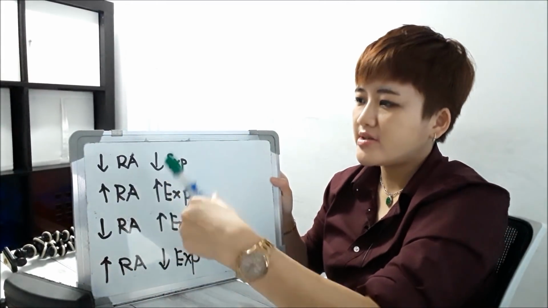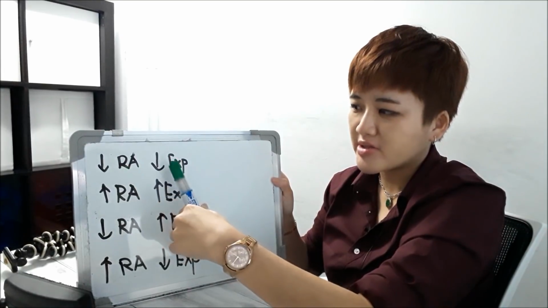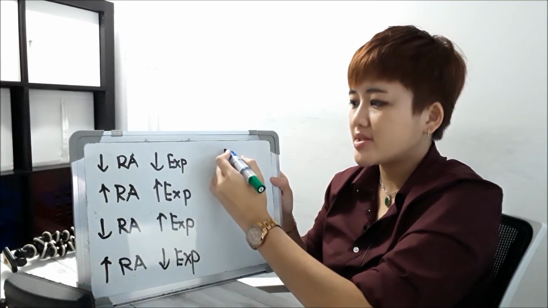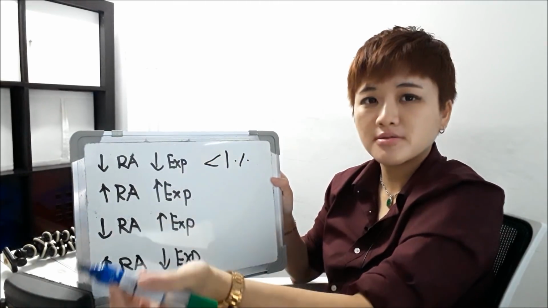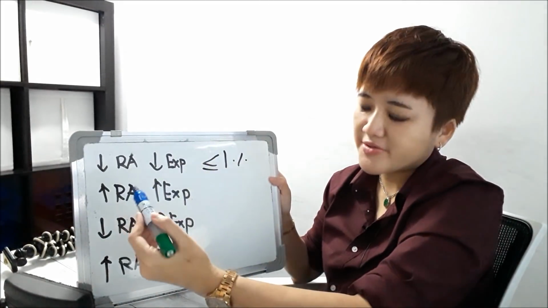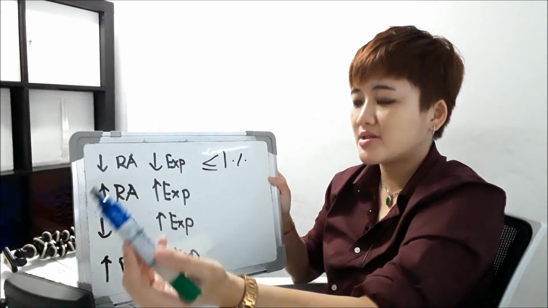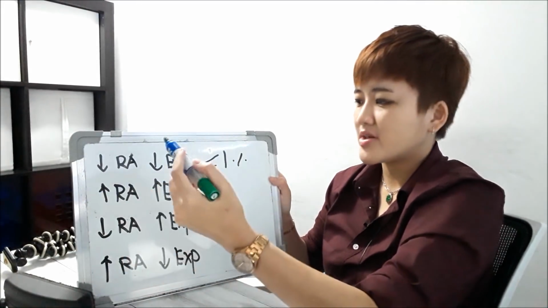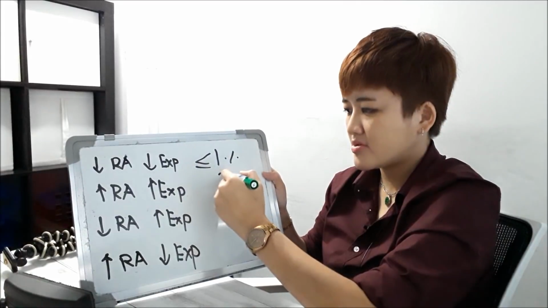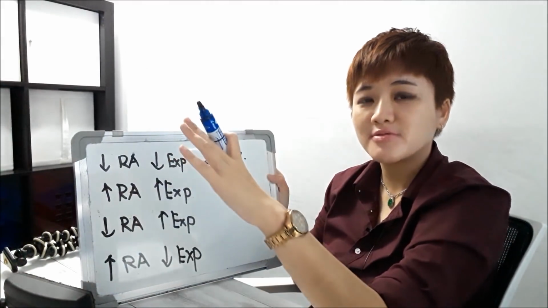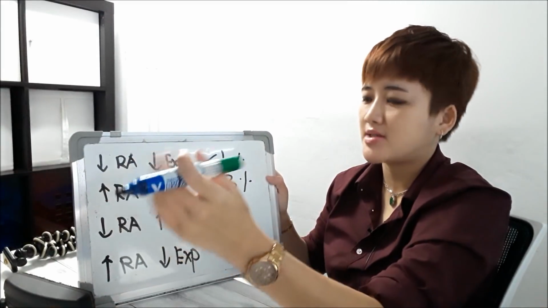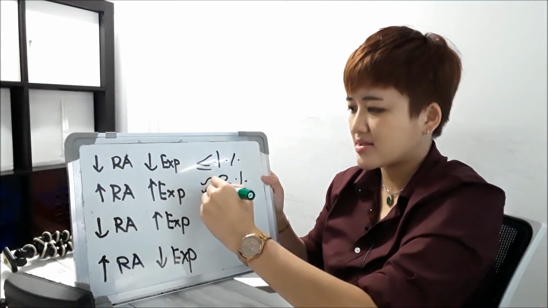So to put it simply, if you have low risk appetite, low experience, then you risk 1% or less than that, okay? Then if you have high risk appetite, high experience, then you can afford to go up to 3%. Or if you're somewhere in between, then 2%, 2.5%. So around this number.